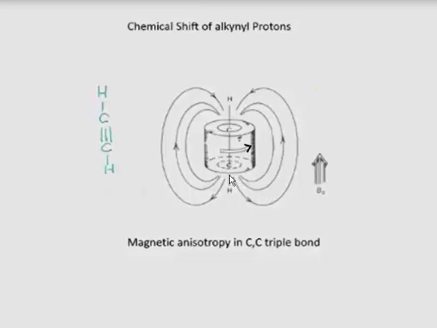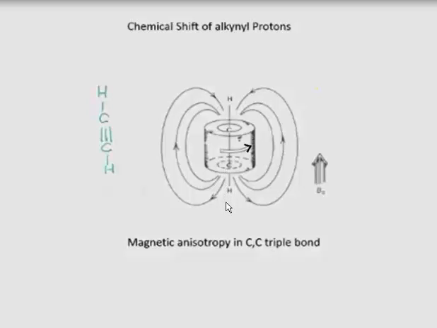Let's look at the direction of the secondary field line loops as before. Well, if we're, say, right in the middle of the triple bond going down the C-C bond axis, the direction of the secondary field line is down. It's opposed to the direction of the applied field.